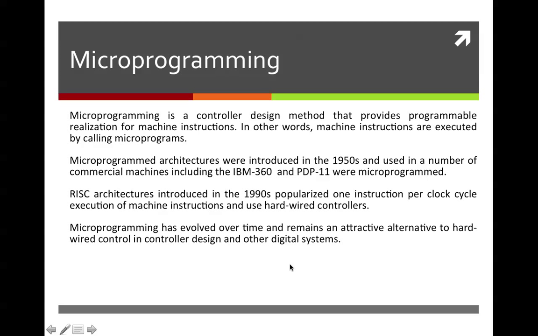The RISC architectures introduced in the 1990s muddied the water a little bit. Because of the critical timing issues that they had, that each instruction be executed in one clock cycle, it necessitated what we would call a hardwired controller option.